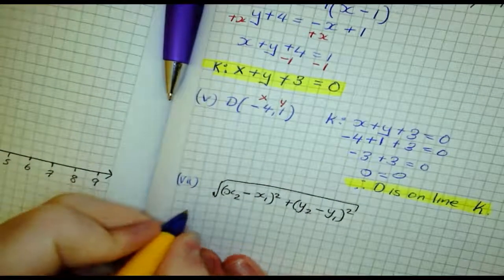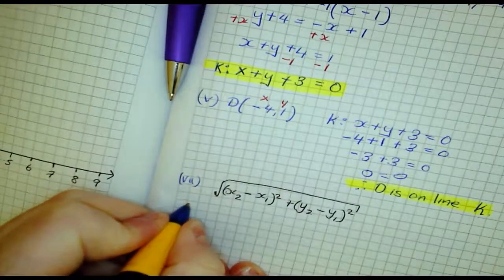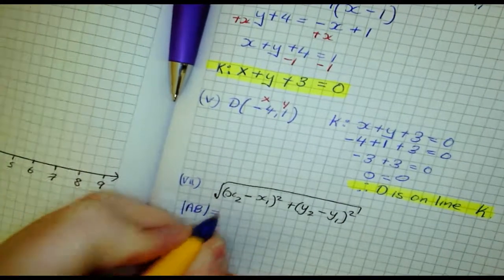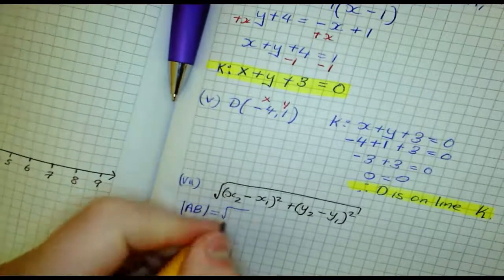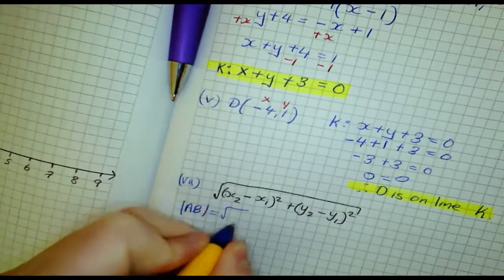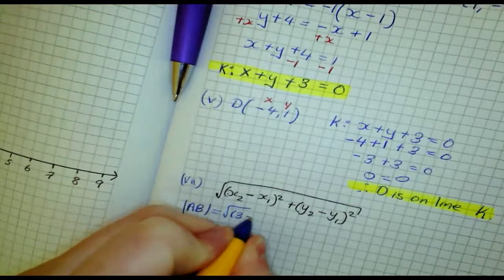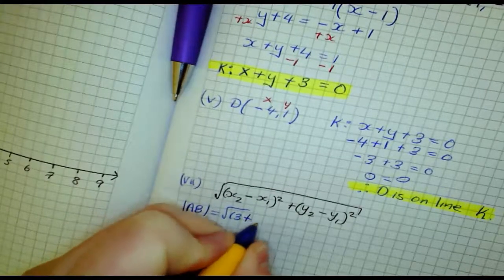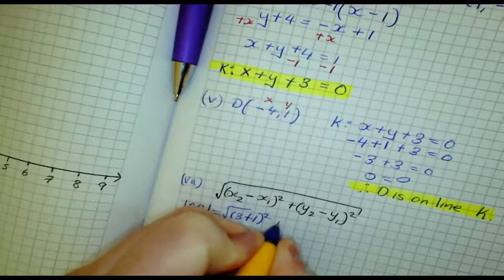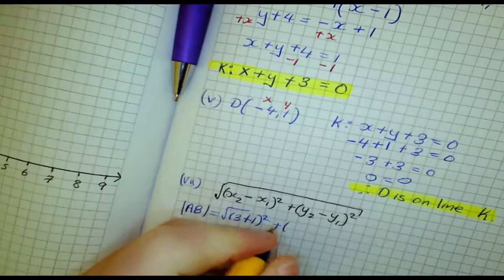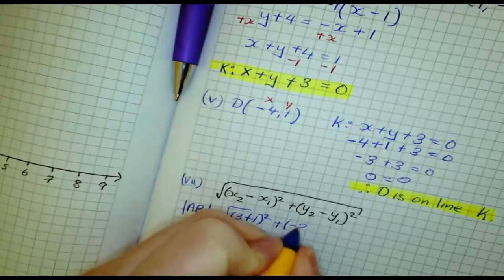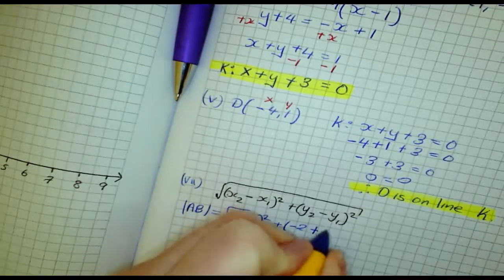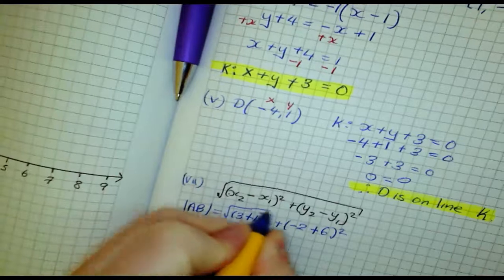So we're going to find the length of AB. That's equal to the square root of x2. We already labelled these earlier, so x2 was 3 minus x1, which is -1, so minus by minus is a plus 1, and it's to be squared, plus y2. What did I label y2? It was -2, minus my y1, which is -6, so minus by minus comes a plus 6, and it's all squared.